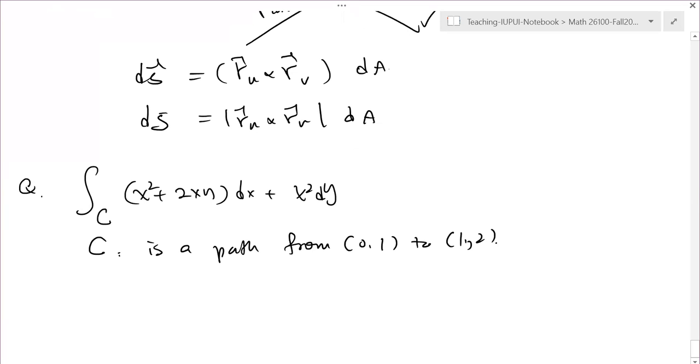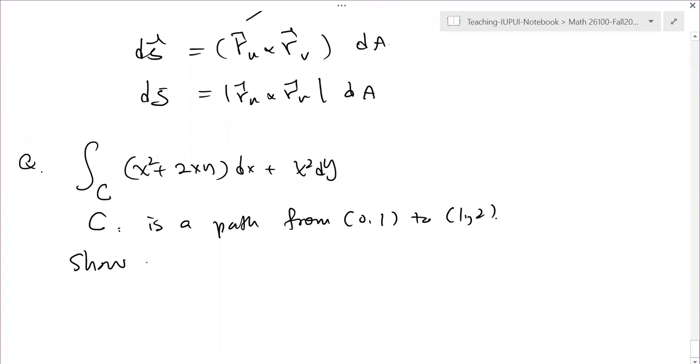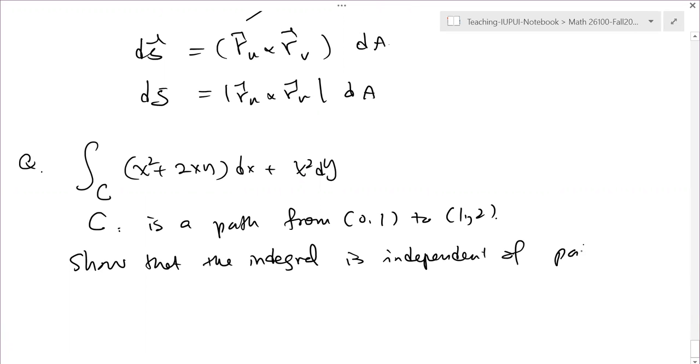Now you also have to show that the integral is independent of path, okay, between those 2 points. So that already implies that the vector field you are going to get is conservative. So you don't need to evaluate this integral directly.